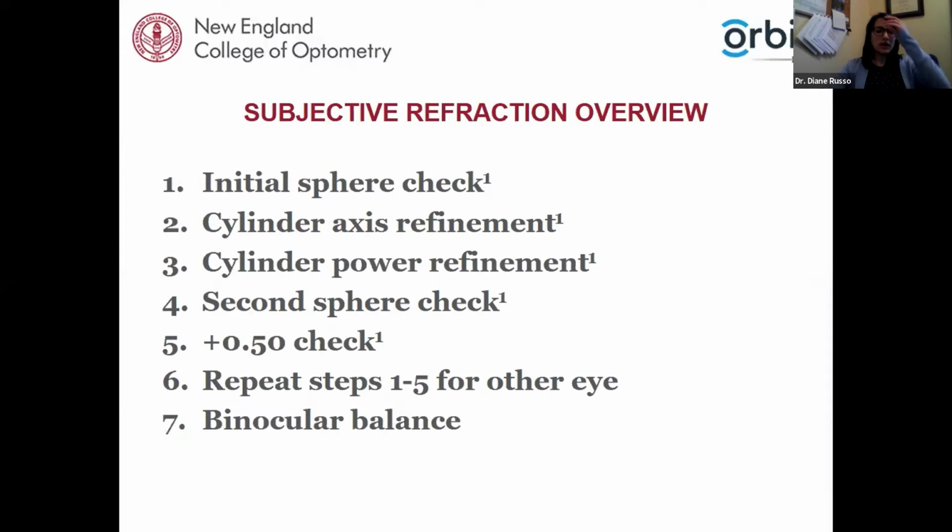So I wanted to make sure that this terminology would be familiar: the initial sphere check, the cylinder, axis and power refinement, the second sphere check. So those are what we will predominantly focus on today, really the initial sphere check and then the cylinder refinement steps. But I wanted to make sure that we had these steps outlined and that we'd be using the same terminology throughout the rest of this presentation.